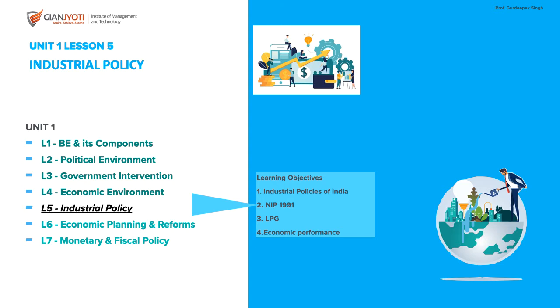There were three components of this policy, which we call LPG, which is liberalization, privatization, and globalization. And that changed the entire scenario of India in the global economy. And then we'll look at the economic performance as our last learning objective.